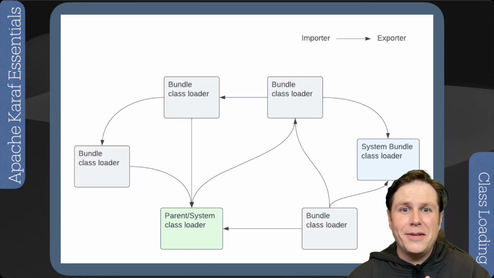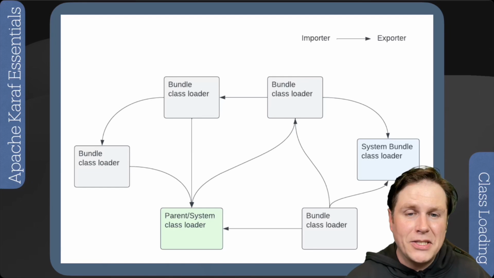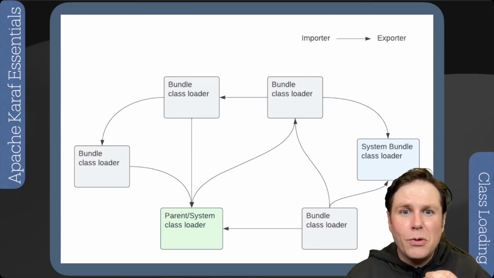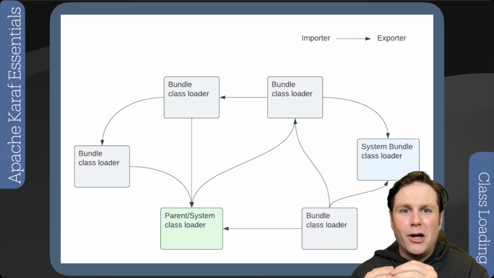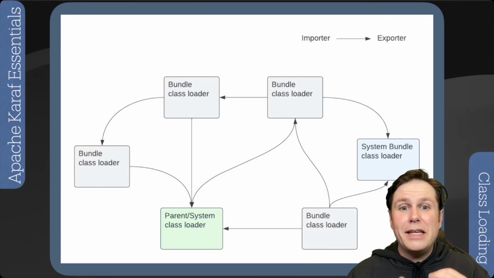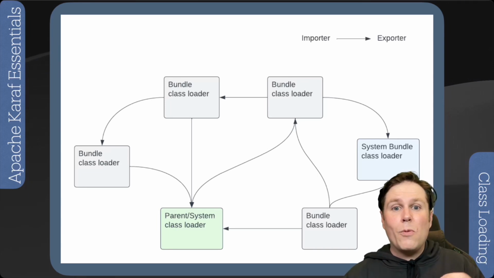That being said, this big diagram is a little complex, but it does illustrate the power that happens now in an OSGi system. Your class loading is no longer limited to saying, hey, here's this shared pool of resources you can go grab. Now you have multiple different pools that you're able to reach into and pull out what you need.